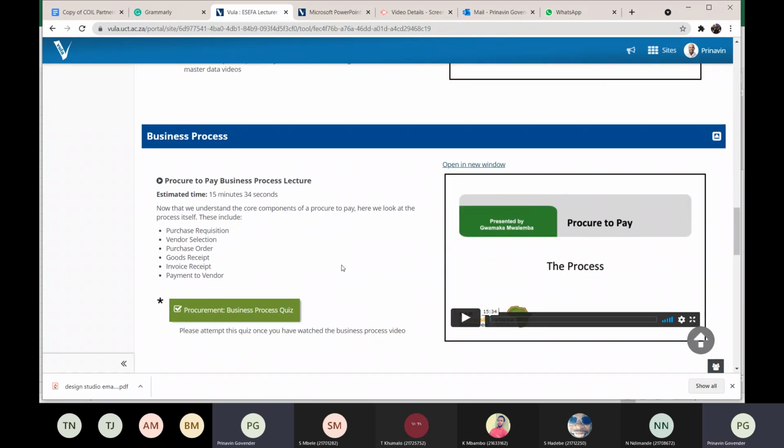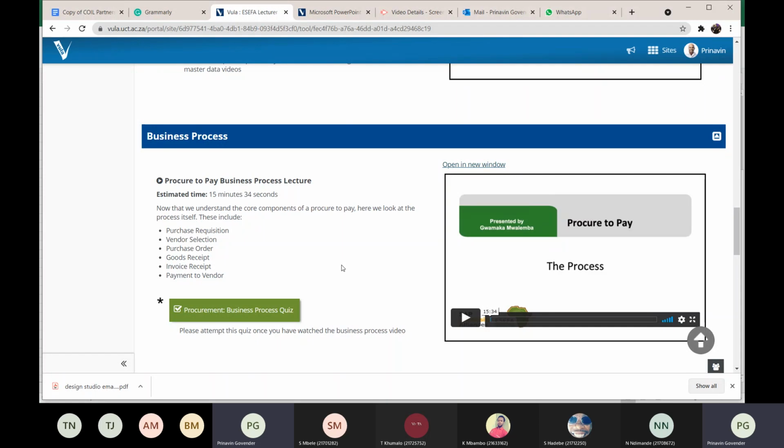Under procure to pay, the business processes, we'll be talking about the purchasing requisition, selecting a vendor, what's a purchase order, the goods receipt, invoice receipt, and ultimately the payment to the vendor.